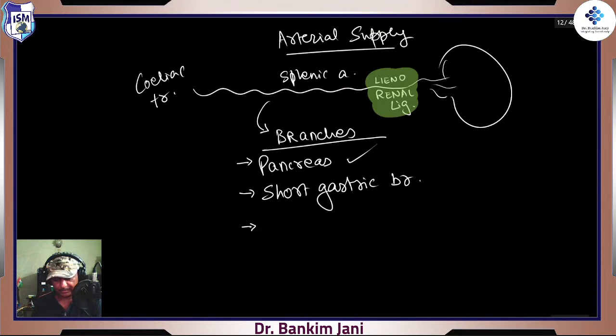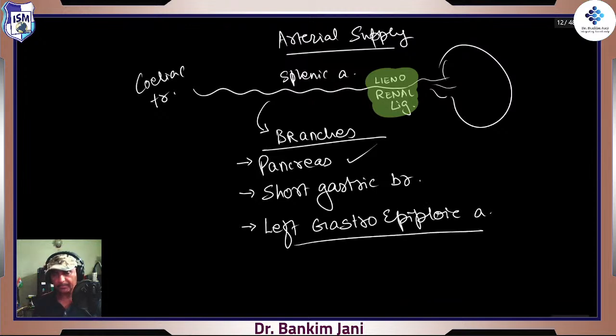And then there is left, this is interesting, and we know this left gastroepiploic, right? Left gastroepiploic artery. Long name, so that means it will be forming that arcade on the greater curvature, right? Now we know this part, right?